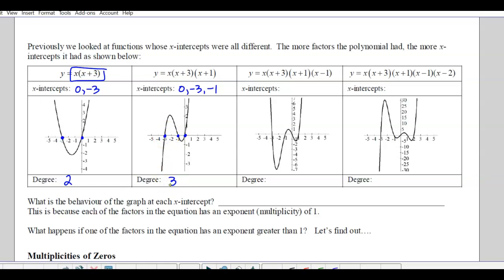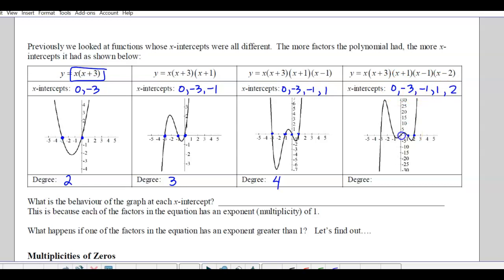Next one has 4 factors. X-intercepts are 0, -3, -1, +1. And you can see them all on your graph. And that's degree 4. And another one, 1, 2, 3, 4, 5 x-intercepts. These happen to be all different.